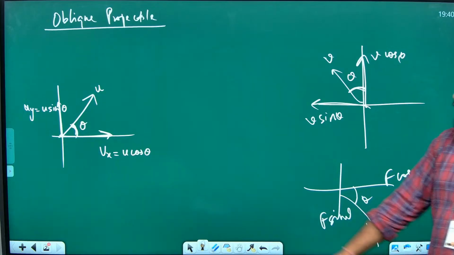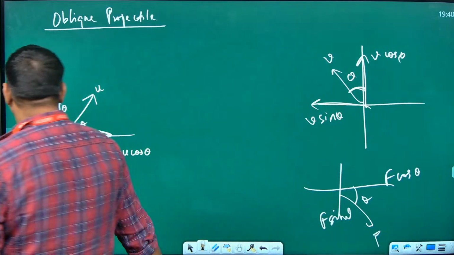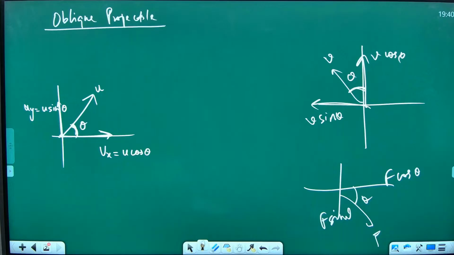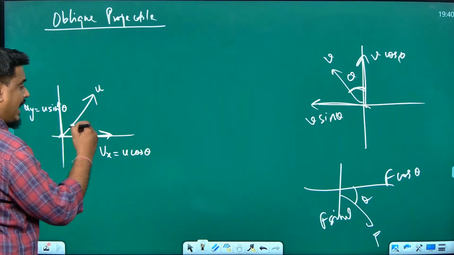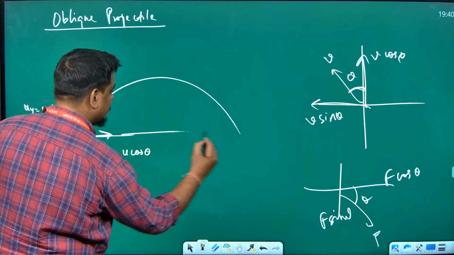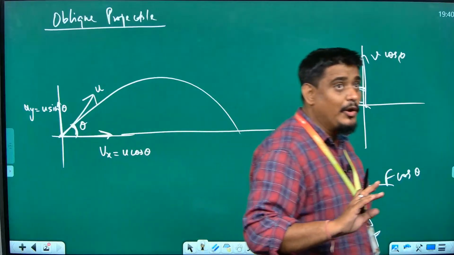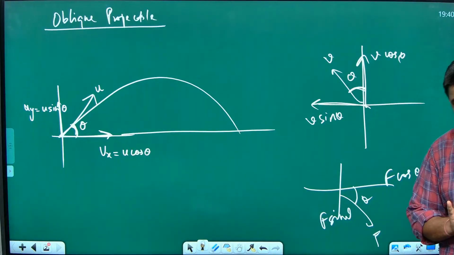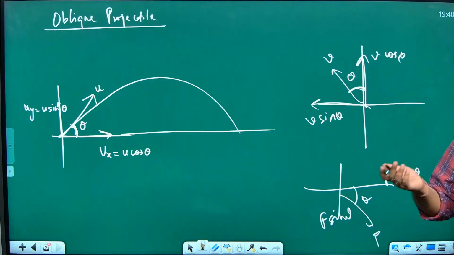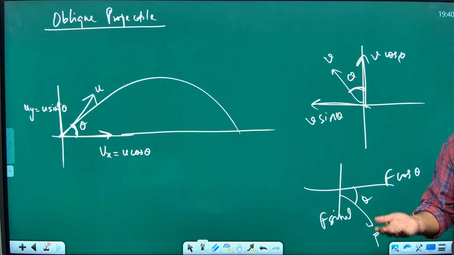So if I am projecting an object with an angle theta, it will go and take a path like this. This path looks like a parabola. We have to verify whether it is really a parabola or not. Any curve may be parabolic, elliptical, hyperbolic, or circular.